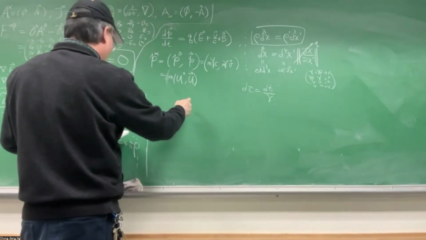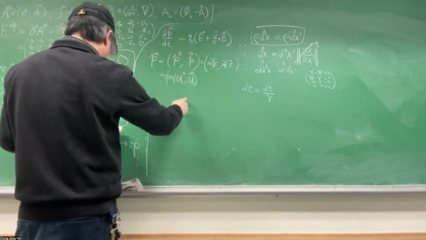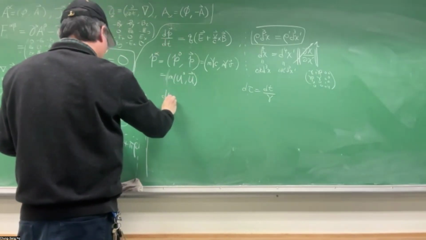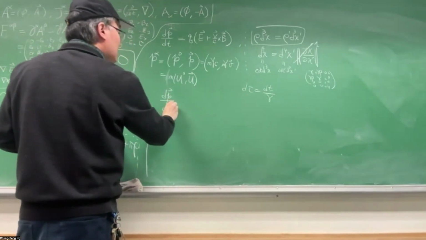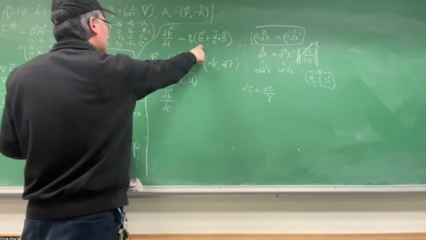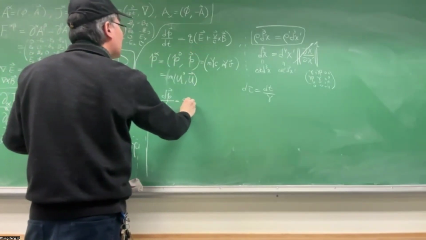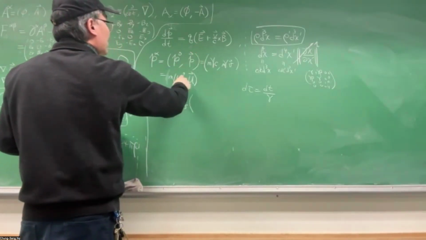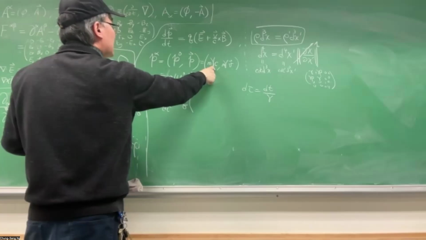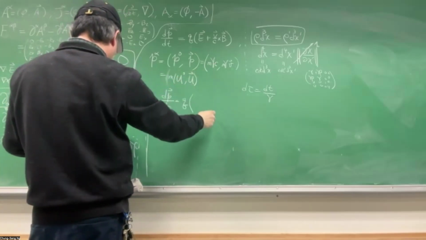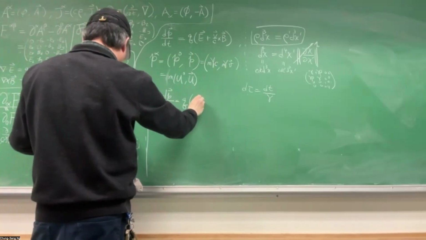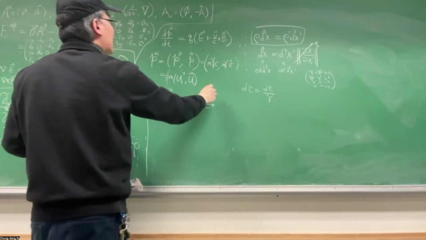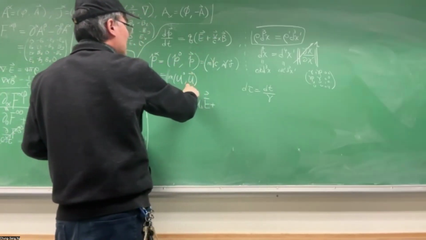So when we write it like here, this becomes dp over d tau. dt is d tau times gamma, so multiply gamma to the other side. This is q. Then you have a gamma, which is just the u0, so you have u0 divided by c.